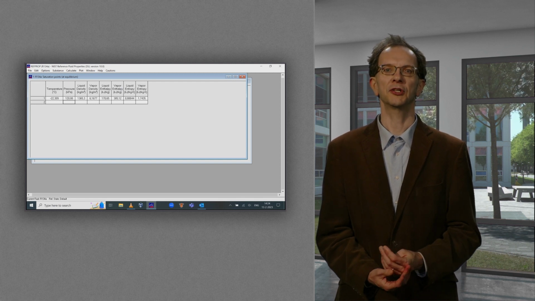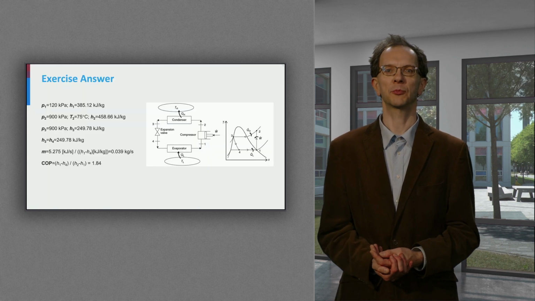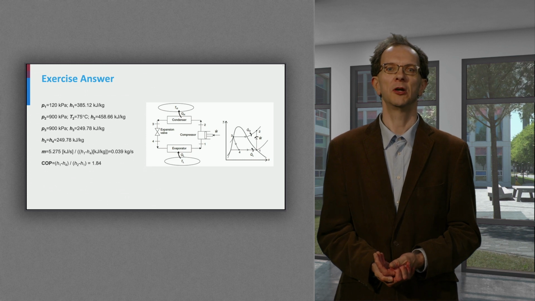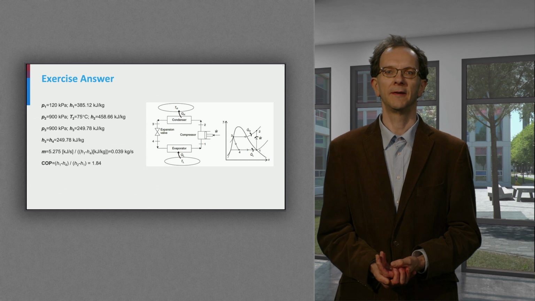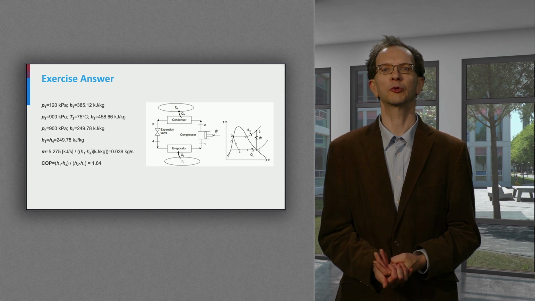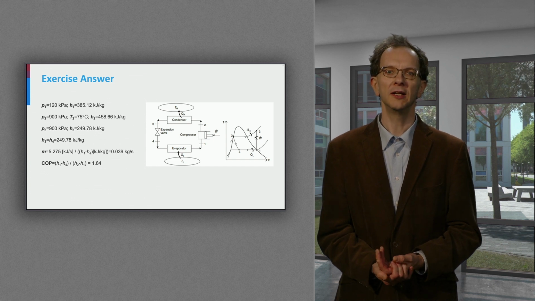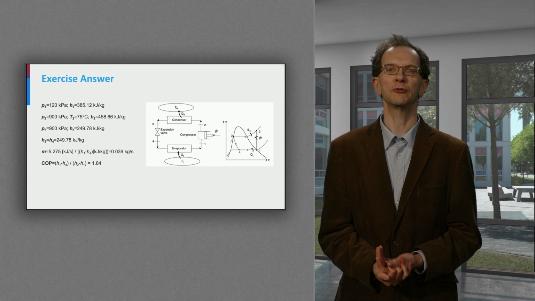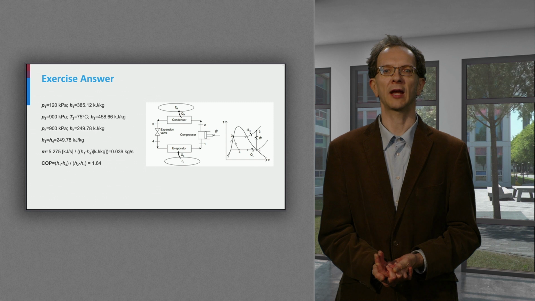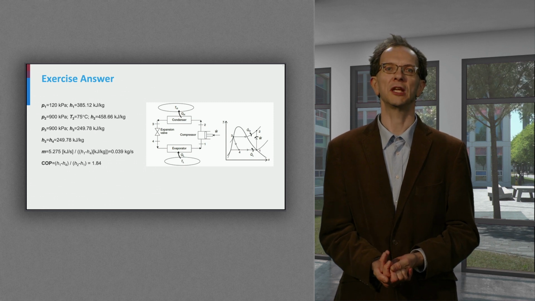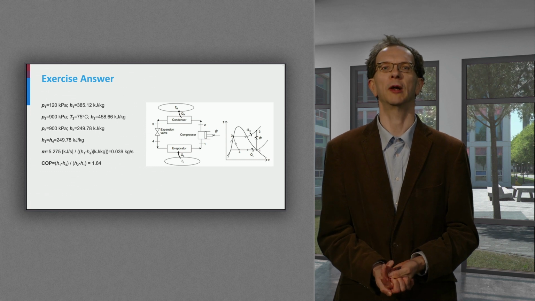At the end of the condenser, the working fluid leaves as a saturated liquid, and we can immediately get the enthalpy at point 3 from the saturation tables, which is 249.78 kilojoule per kilogram. The mass flow can now be calculated from the cooling rate, which is given and equal to 5.275 kilowatt, and that is equal to 5.275 kilojoule per second, divided by the difference in specific enthalpy for the evaporator, which is equal to H1 minus H4 in units of kilojoule per kilogram.